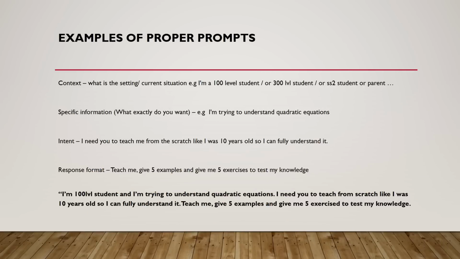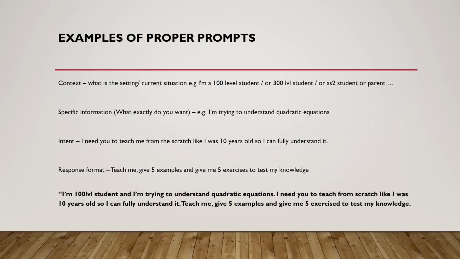First of all, context. It means the setting. What is your current situation? If we're using this for academics, let's use an example. For context, let's say you're a 100 level student, or you're a 300 level student, or you're an SS2 student. You will start with "I am a." You need to give the AI a base to understand where you're coming from, so it can best help you.